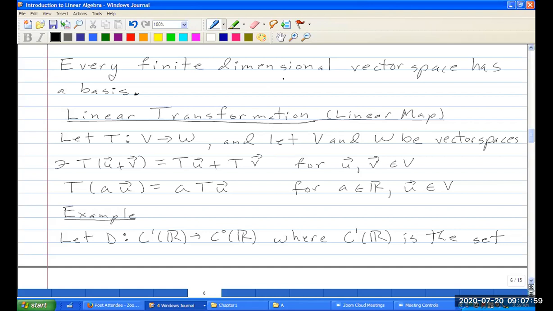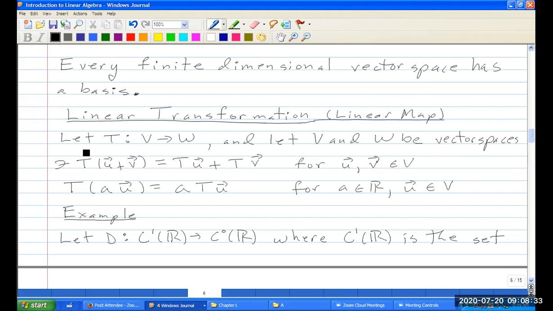Usually a function evaluated at X is written as F with parentheses. For transformations, even though they are functions, we usually don't put the parentheses. So we don't write it that way, but write it as TU. Why? I don't know. It's historical.